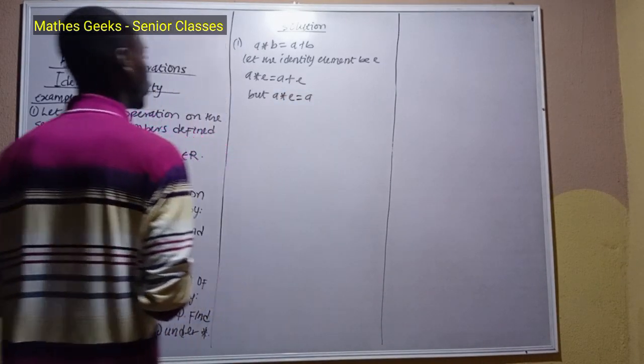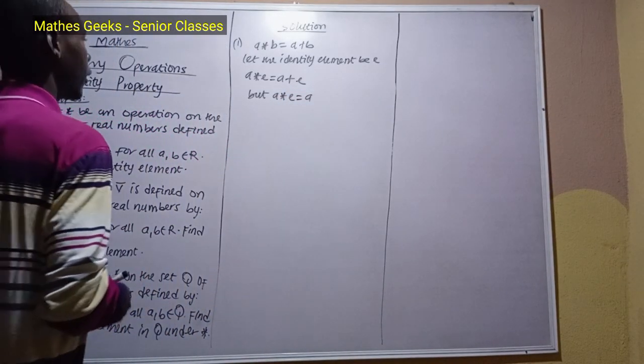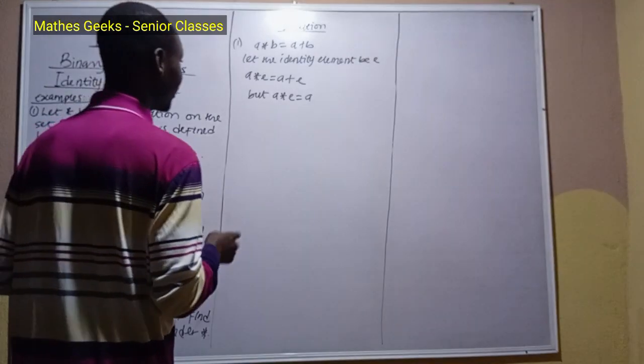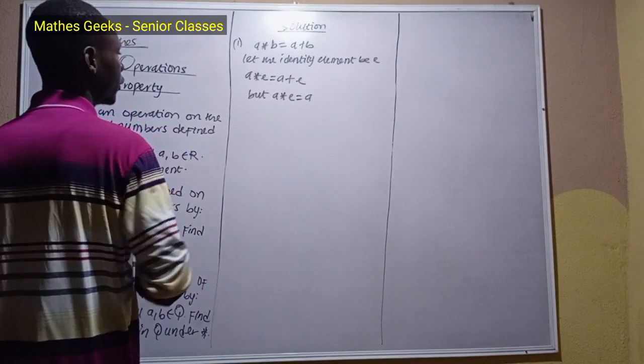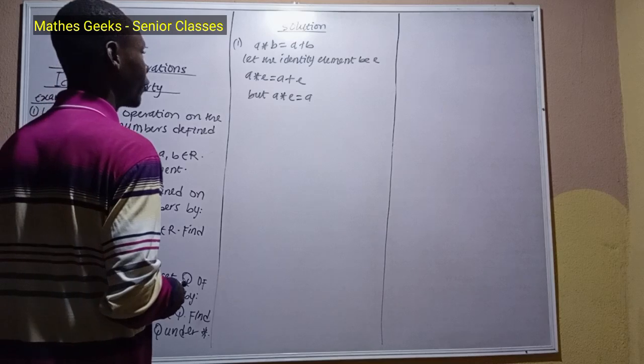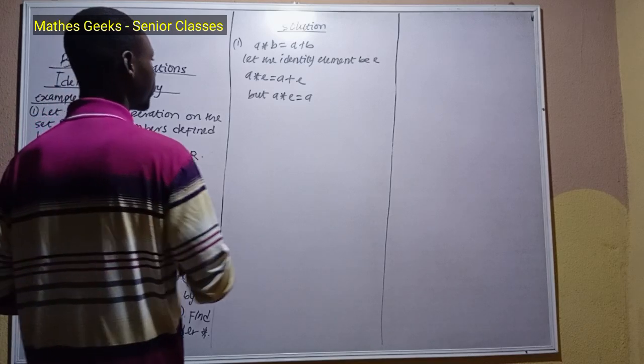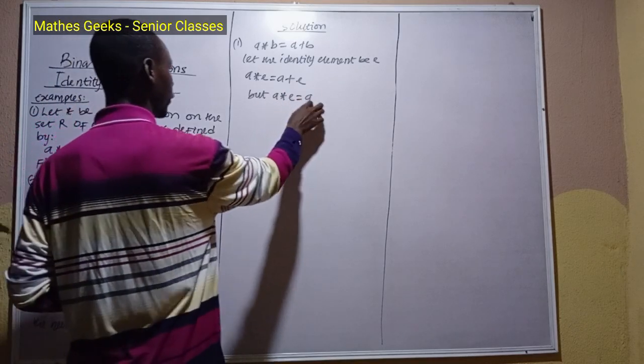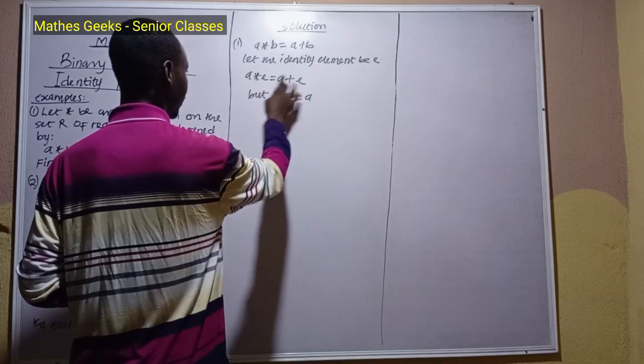But you know A star E is equal to A. You know from our definition that an identity is a number that is added to or multiplied by another number to give that same number. So A star E must give you A as the rule of identity.